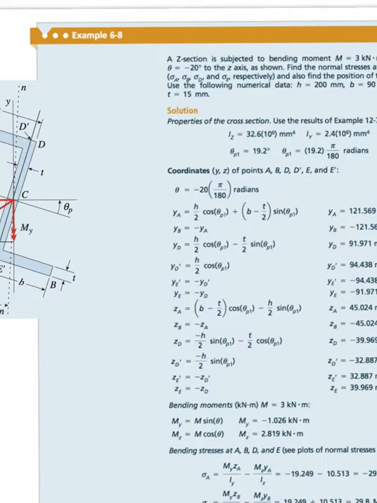And really, we apply the same approach to all the other problems. When I say the other problems, I mean the other points. We do the same for point D prime.